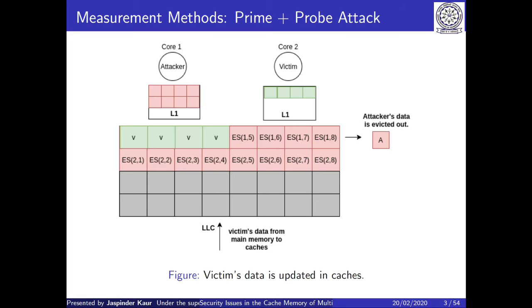Hence, it will be difficult for an attacker to measure the difference of time in set 1 and set 2, because in both sets the attacker will find a cache hit and not a cache miss, which prevents the attacker from exposing the access behavior of the victim application.